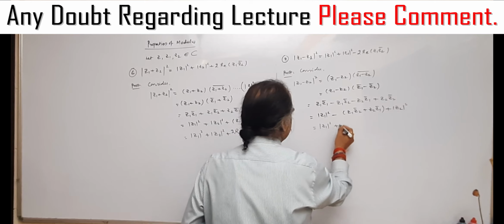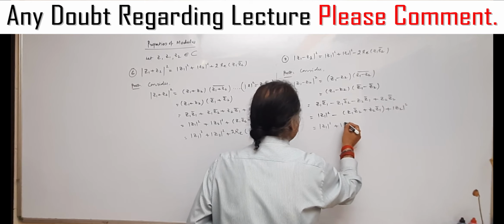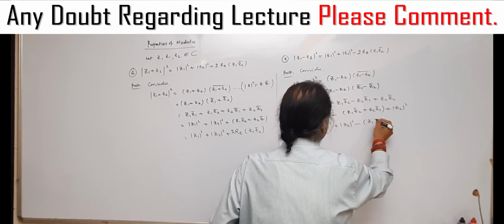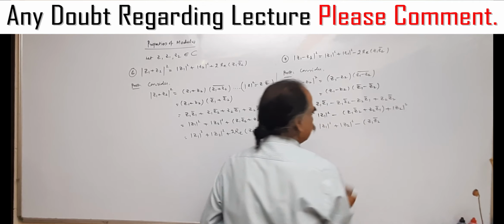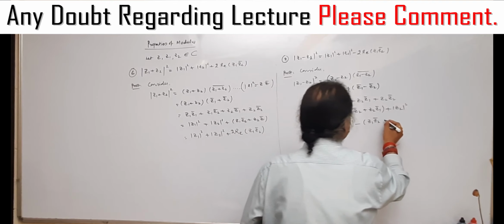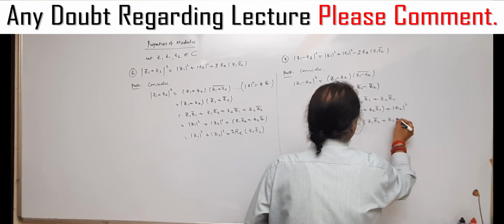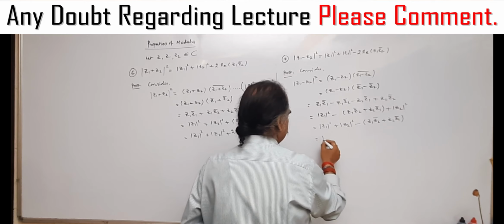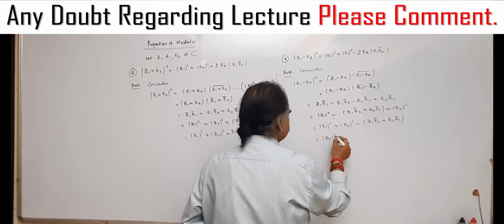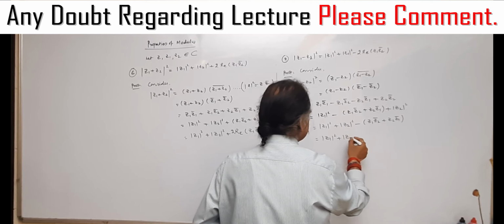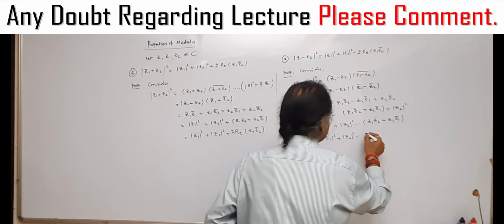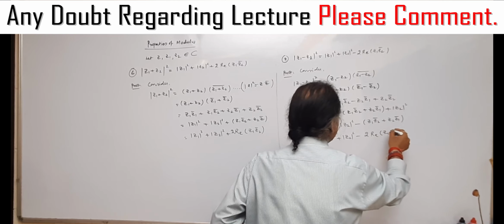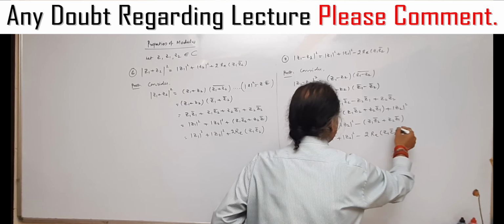So mod z1 square plus mod z2 square minus z1 z2 bar plus z2 z1 bar, which is mod z1 square plus mod z2 square minus 2 times real part of z1 z2 bar.